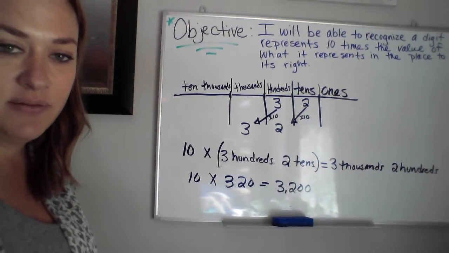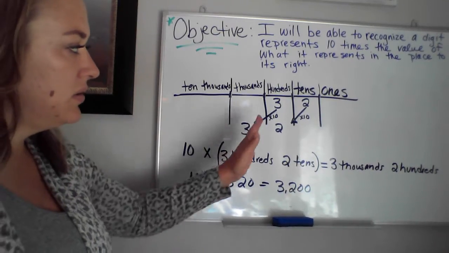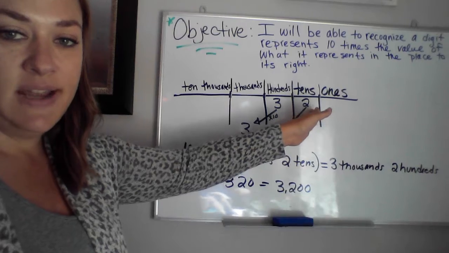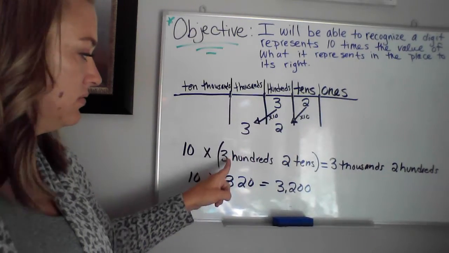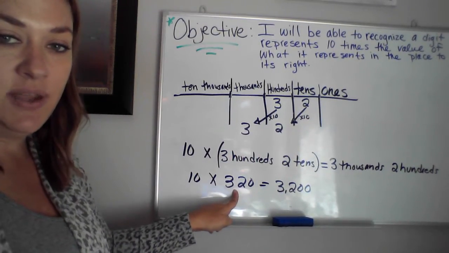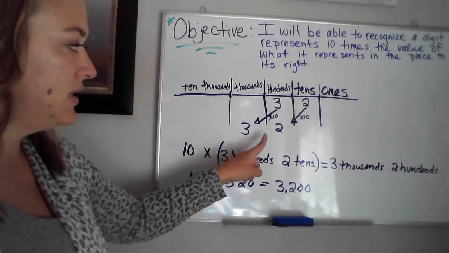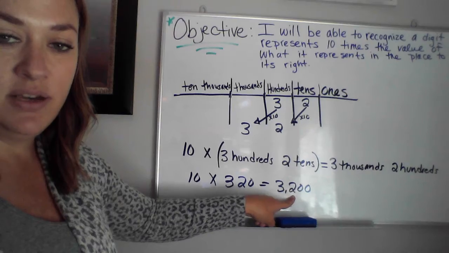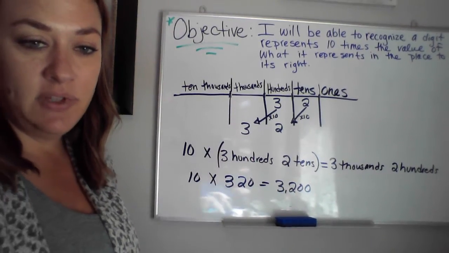Okay, you guys see that? See the connection? So 300 and 2 10s would be 320. That's where this one came from. If I have 3,000 and 200s, there's my 3,200. So let's see what that looks like with division.